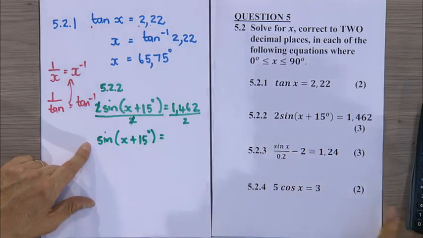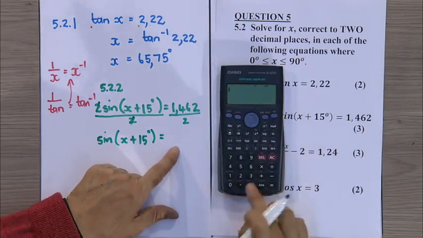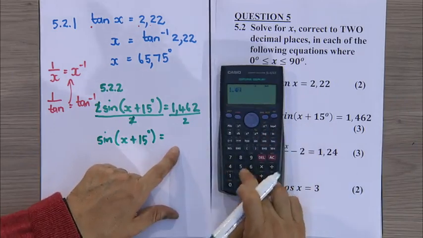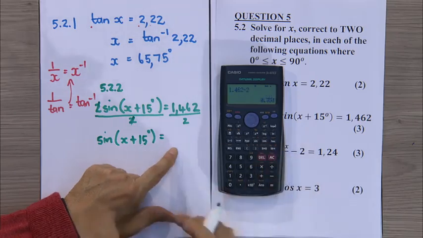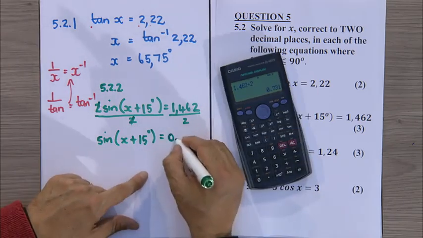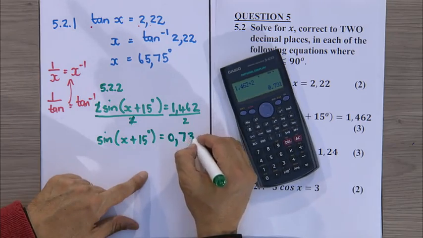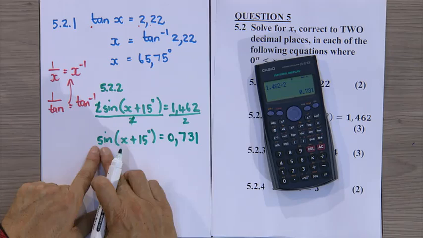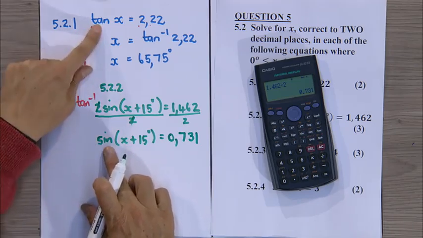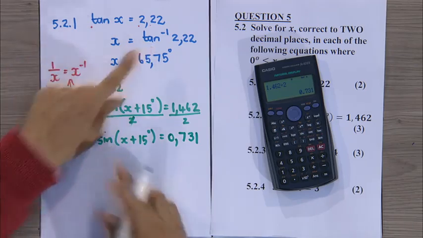right? There we can go to the calculator and say 1.462 divided by 2 equals, and that's going to give me 0.731. Look at the situation. Sine, what happened to sine? Sine to the power minus 1.